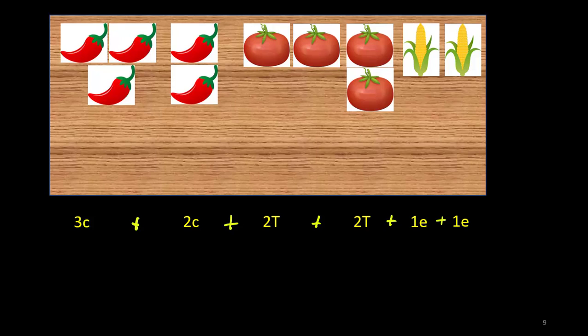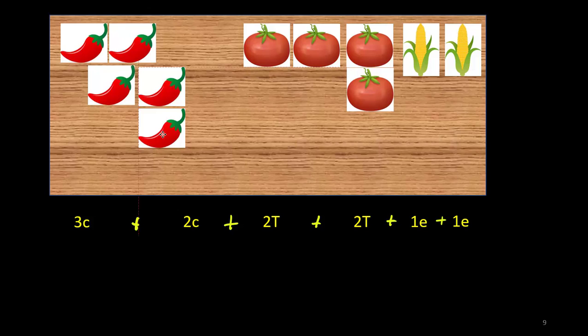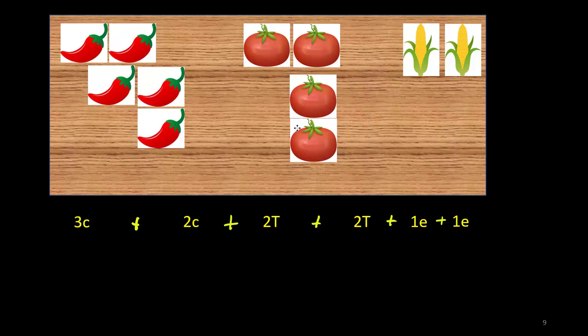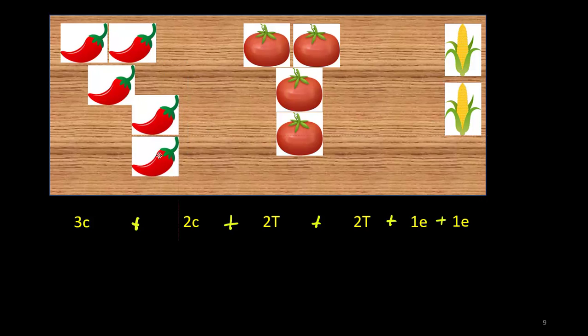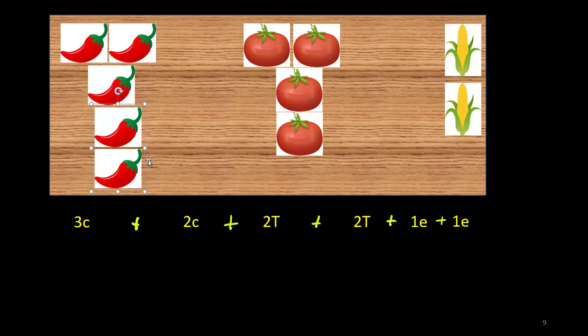We're not quite finished yet. What I think I want to do is go ahead and group these chilies a little closer together, group these guys a little closer, and these guys. And whenever I group all of this like this, I'm going to go ahead and do the same thing in the expression.